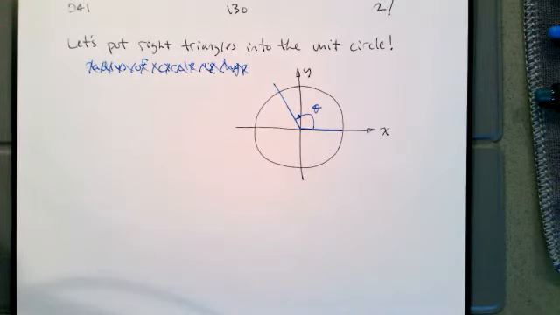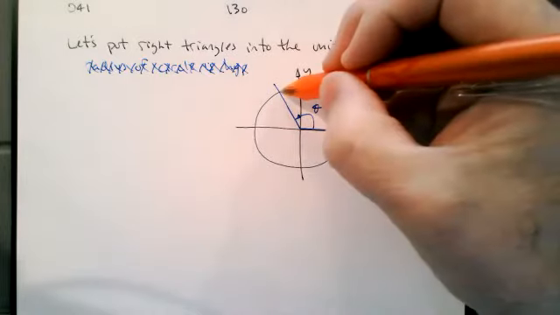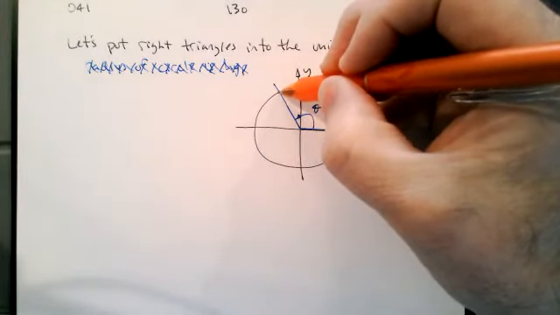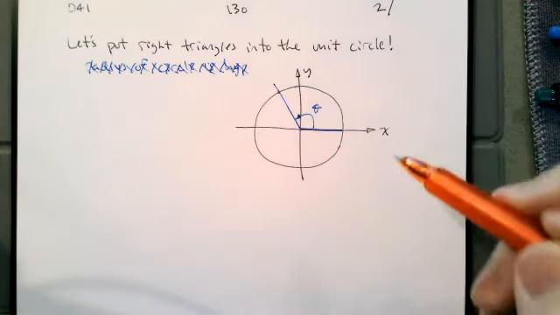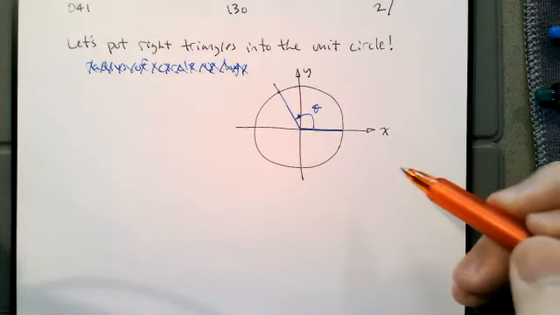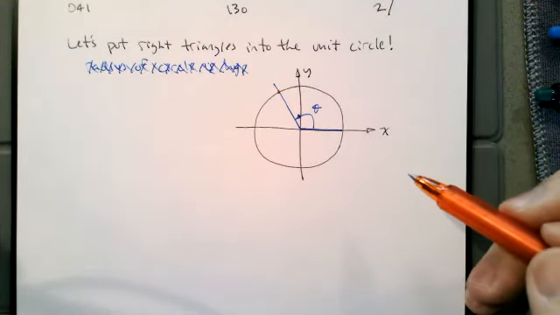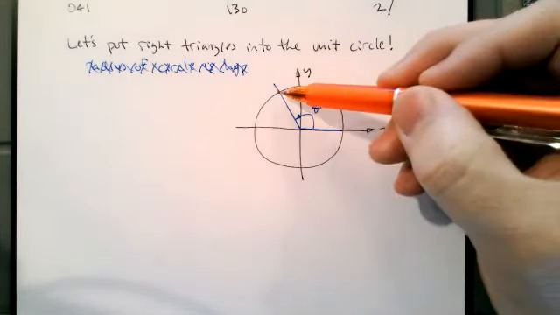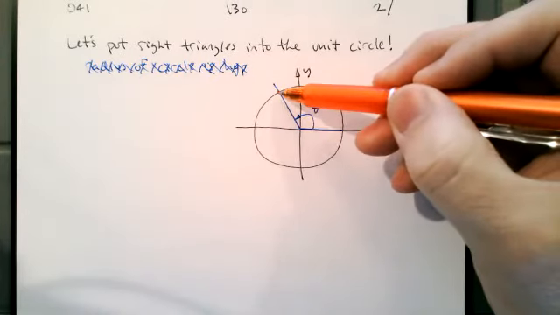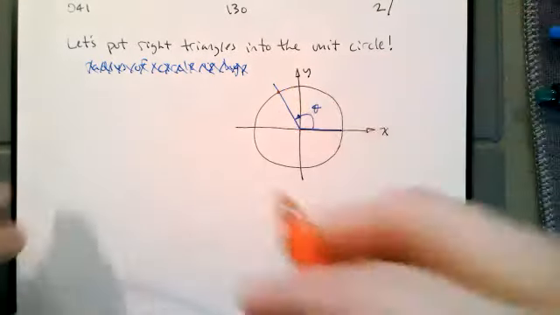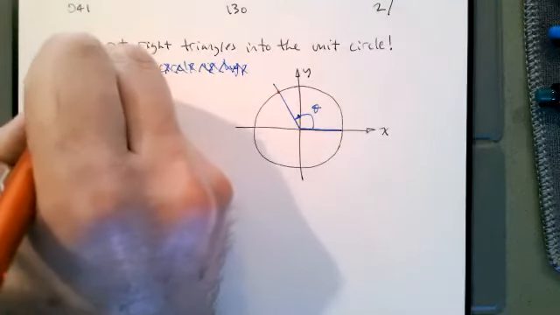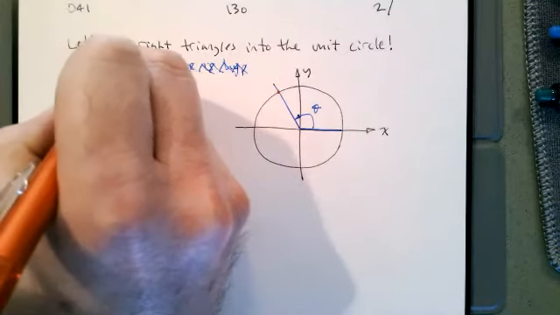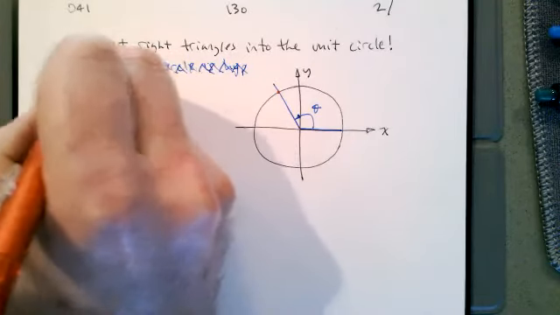What we're going to do is draw a right triangle by looking at this point on the circle and dropping it down to the x-axis, positive or negative. We're going to drop it down to what I call the nearest x-axis. Draw a line perpendicular to the x-axis from the point on the circle.